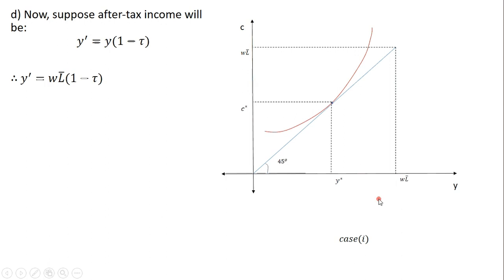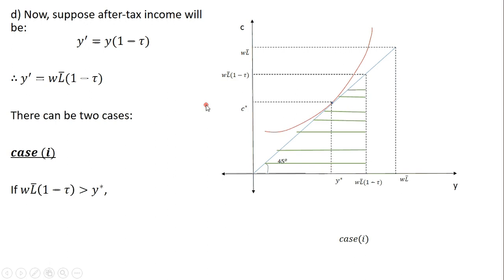So this point must shift to the left of this point. But there can be two cases. It is not specified what tau could be here, so for the first case I assume tau is not too much, very small.